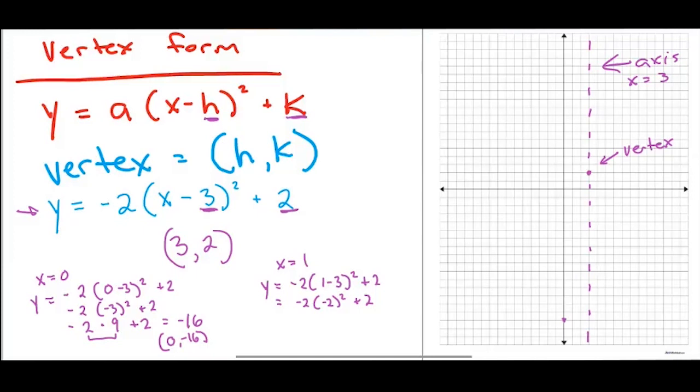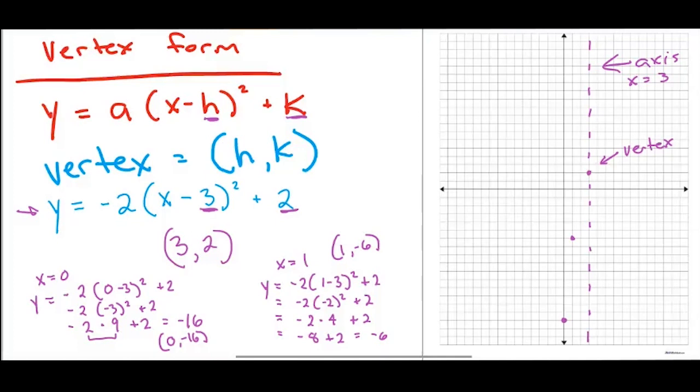That's a lot of 2's. Well, -2 squared is +4 plus 2. So -2 times 4 is -8 plus 2. -8 plus 2 is -6. So this point is going to be 1, -6. So at x is 1, y will be -6. So go down 6.